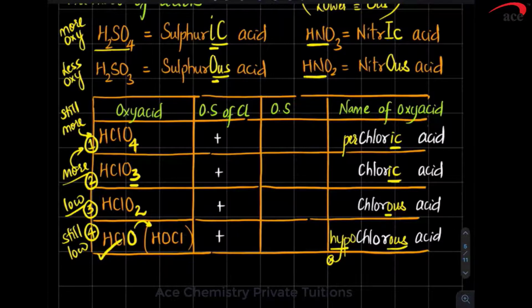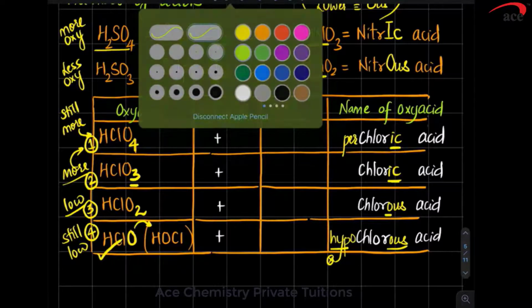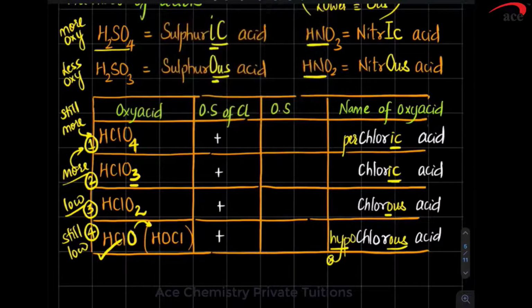Now, this is one perspective of seeing it. There is another perspective also of looking at it. If you know oxidation state, then by oxidation state also you can learn it. In the first case, chlorine, the central atom, if you use redox reaction logic, has an oxidation state of +7.